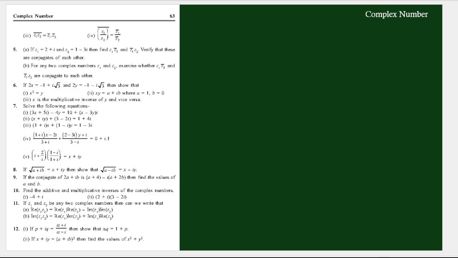Okay, so here also the real and imaginary parts are given. We need to find x plus iy equal to a plus ib whole square.